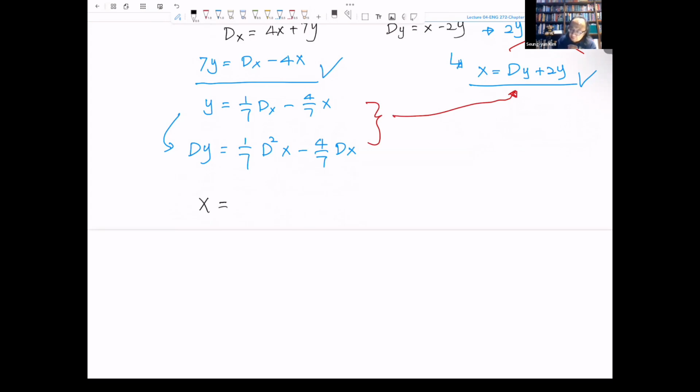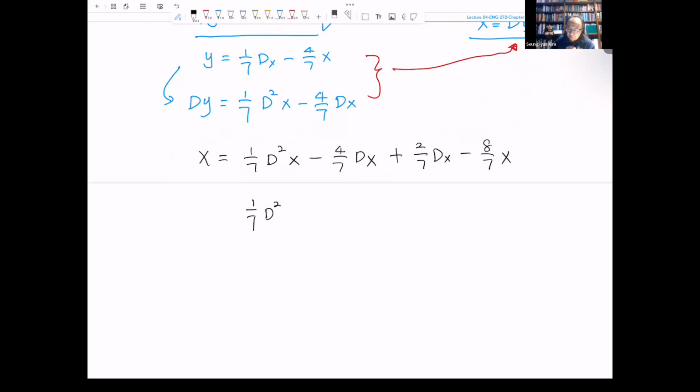Then x equals Dy, 1 over 7 D squared x minus 4 over 7 Dx, plus 2y, plus 2 over 7 Dx minus 8 over 7 x: 1 over 7 D squared minus 2 over 7 D, and we have 8 over 7 and 1, negative 1, negative 7, negative 15 over 7.